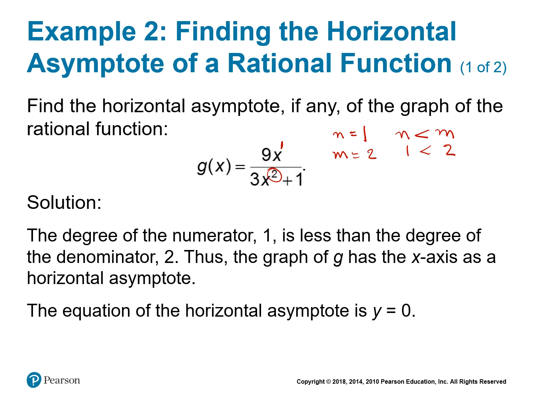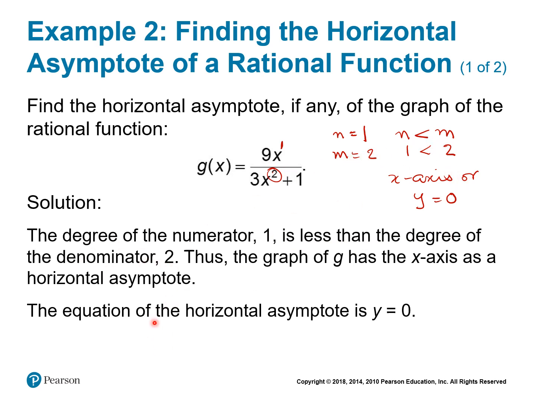So it's the x-axis, or the line y equal to 0, that is going to be the horizontal asymptote of this function. The degree of the numerator, which is 1, is less than the degree of the denominator, which is 2.